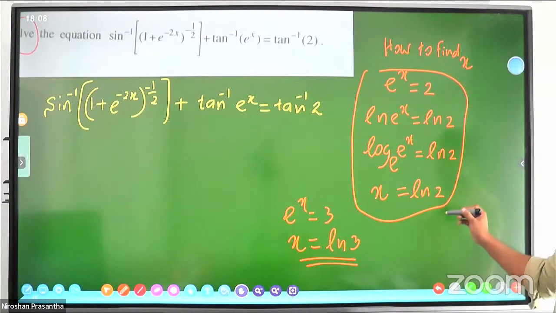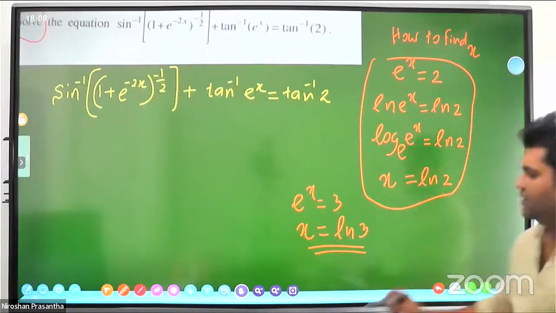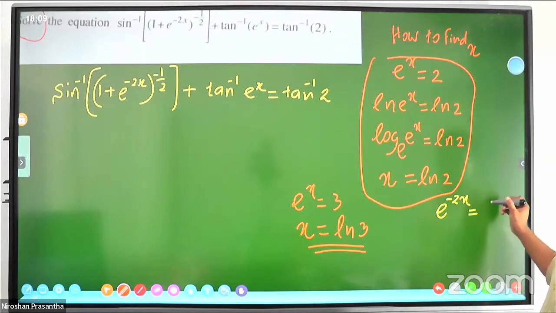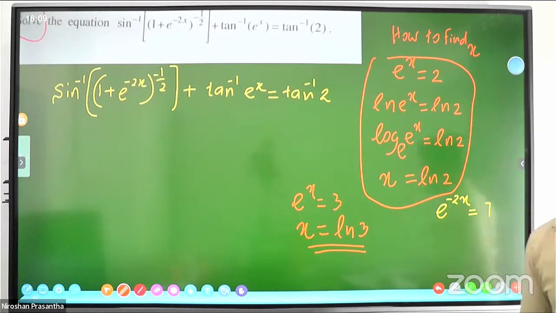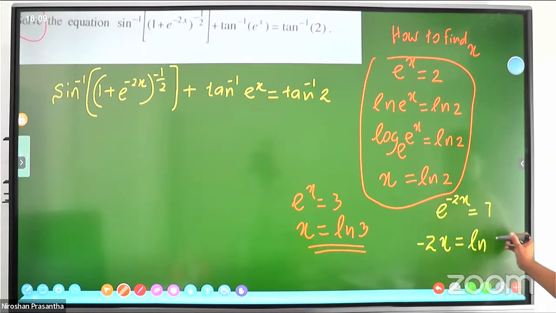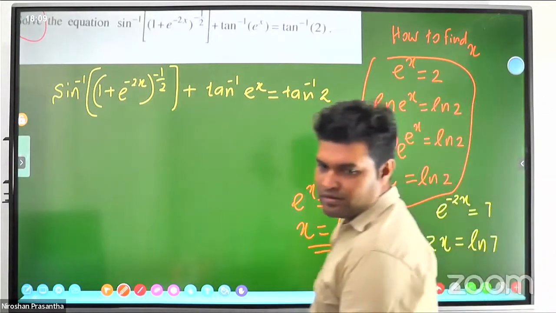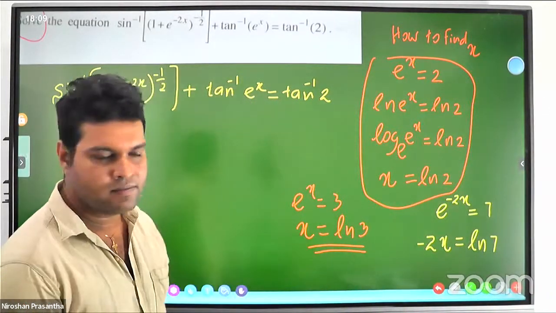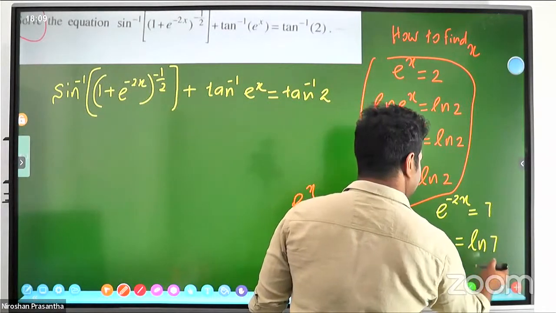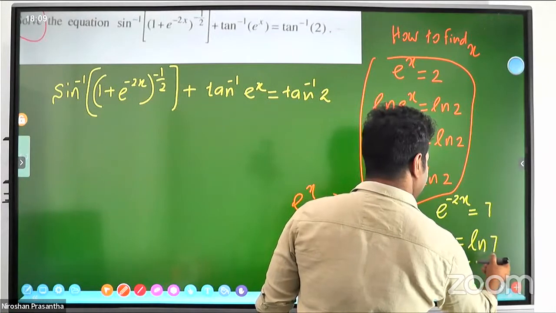And is there something like e to the power minus 2x equals 7, or write it as minus 2x equals ln 7? Ln 7. Right, now we can find x equals minus half ln 7.